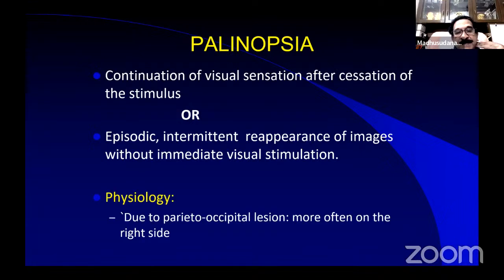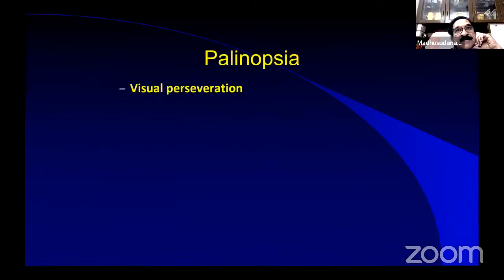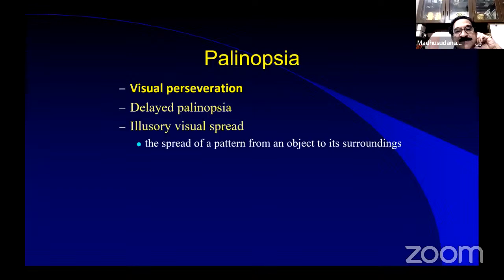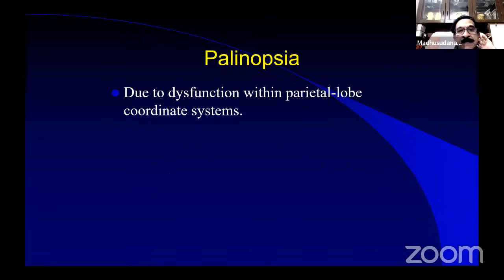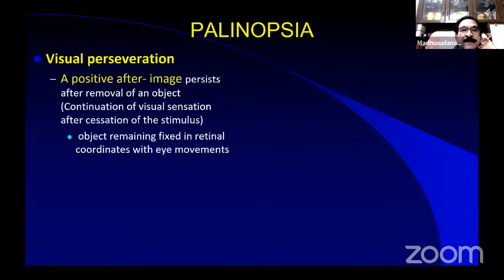The physiology is a parieto-occipital lesion, more often on the right side. Under palinopsia there are different types: visual perseveration, delayed palinopsia, and illusory visual spread, that is, spread of a pattern from an object to the surroundings. Then there is the trailing phenomenon, a visual perseveration in which a series of discontinuous stationary images trail behind a moving object. I'll show pictures of this. It is due to dysfunction within the parietal lobe coordinate systems.